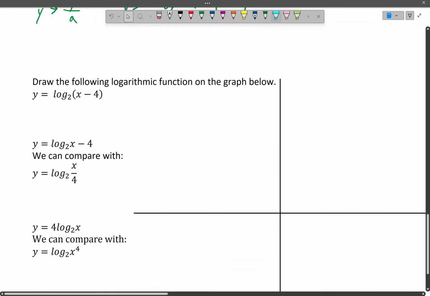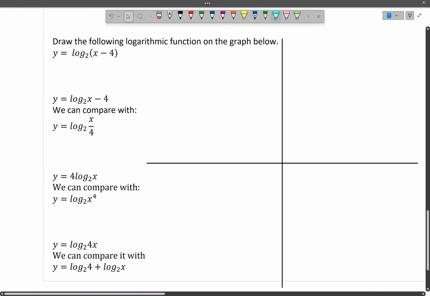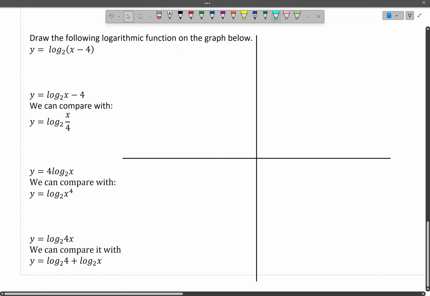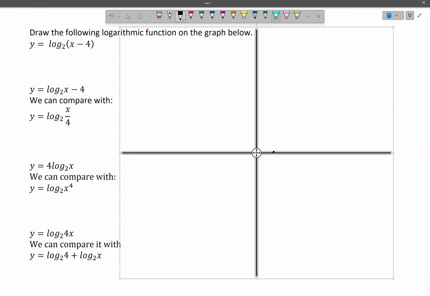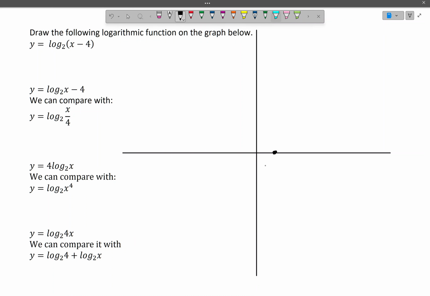Okay, so we're going to compare some actual results here. First of all, we're going to compare that first one with the original. So the original is going to be 1, let's say 1/2, 1/4, 1/8, etc. This is going to end up being 2, 4, 8.